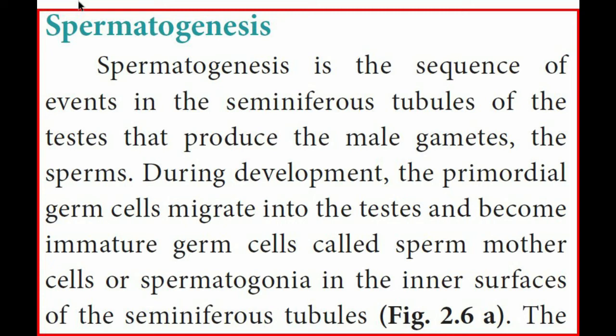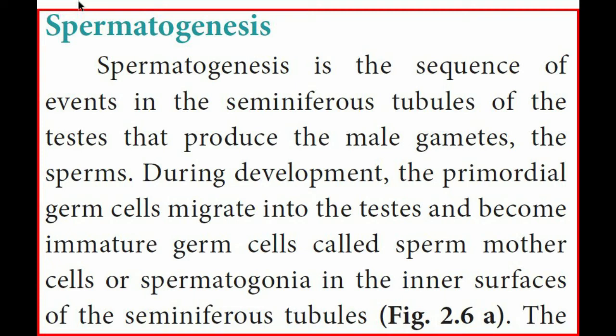Okay? There it becomes an immature germ cell or sperm mother cell. The primordial germ cell changed into sperm mother cell or spermatogonia. Clear, children? In the inner surface of the seminiferous tubule.